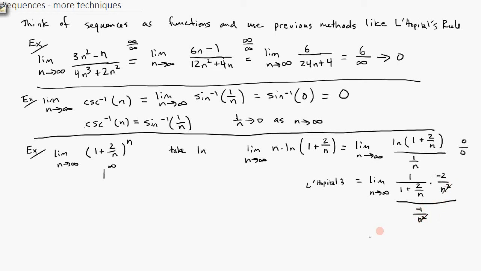So this n squared cancels out this n squared. So let's rewrite this. The minus 2 and the minus 1 becomes 2, over 1 plus 2 over n. So now as n goes to infinity, this goes to 0. So we're left with 2 over 1. And so this limit is 2.